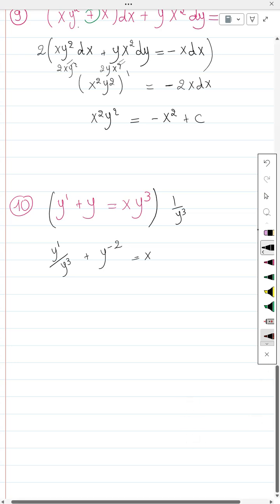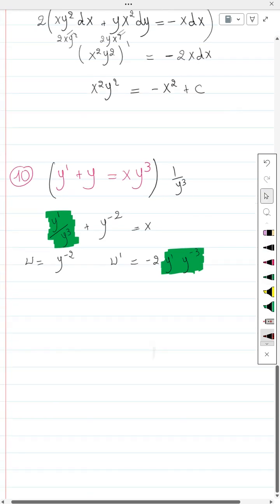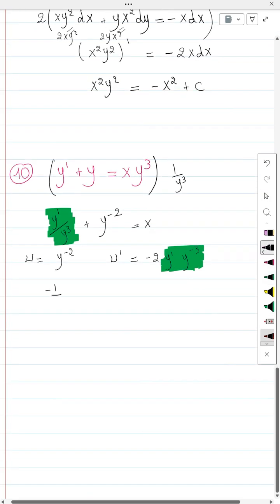So let's substitute u is going to be equal to y to the power of minus 2, so u prime is going to be equal to minus 2 y prime y to the power of minus 3. And as you can see, this is the same as this, so this quantity is going to be equal to minus 1 over 2 u prime, so it's going to be minus 1 over 2 u prime plus u is going to be equal to x.